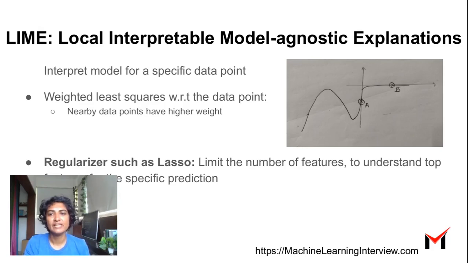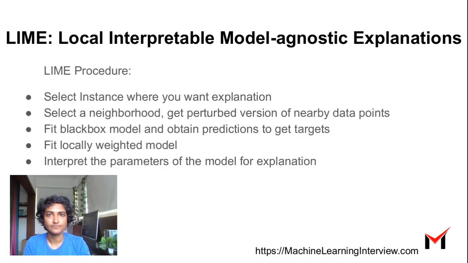Now you can replace this regularizer and the actual least squares model with something else and use the same framework though. So the framework for LIME is as follows. First, we select an instance where we want an explanation. This is the point of interest. And then we select a neighborhood, which are the points close to this point, and then get a perturbed version of these points by adding some noise.